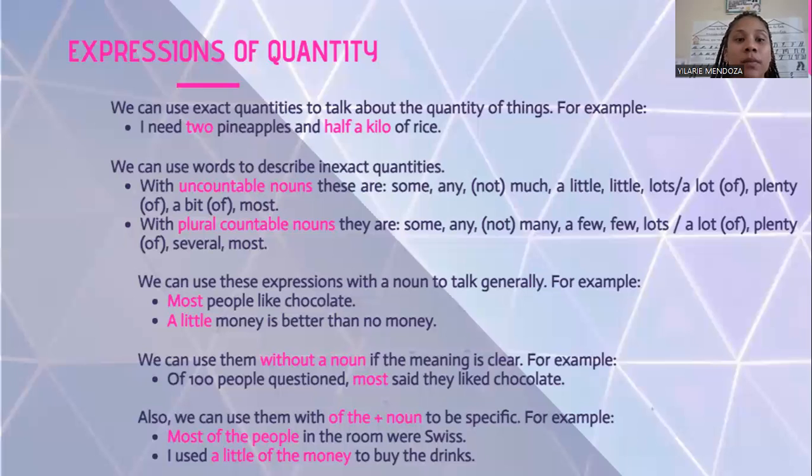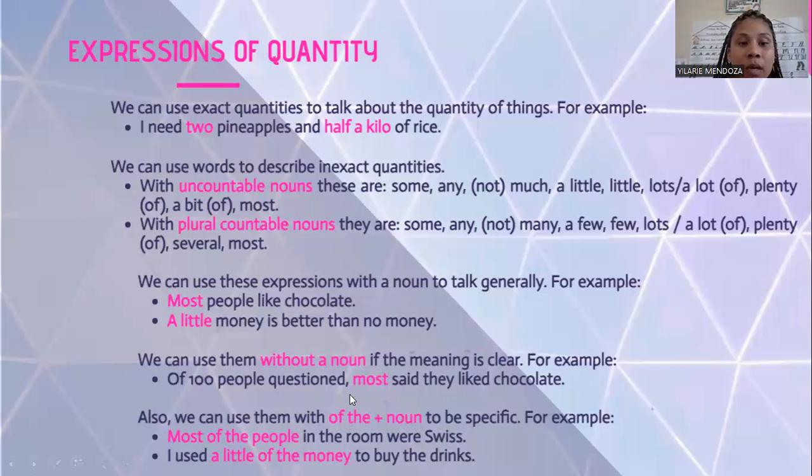We can use the expression with a noun to talk generally. Most people like chocolate, a little money is better than no money. We can use them without a noun if the meaning is clear. For example, of the same people question, most say they like chocolate.